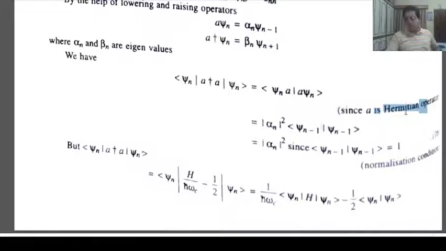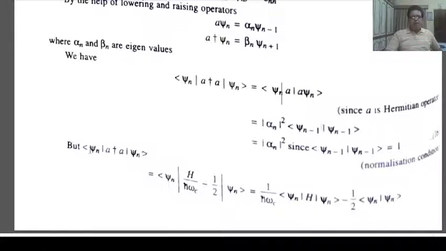Because A dagger is the Hermitian adjoint of A, using the property it can be written as bra A psi n and A psi n ket. That means alpha n square, since A operated on psi n on the right-hand side and A operated on the left-hand side, both lowered by 1. So alpha n square times this term, which is equal to 1.